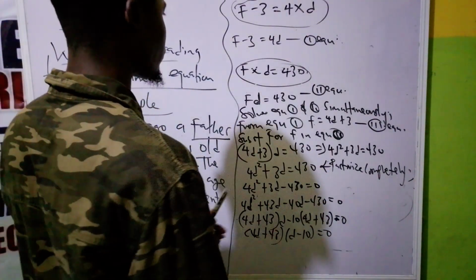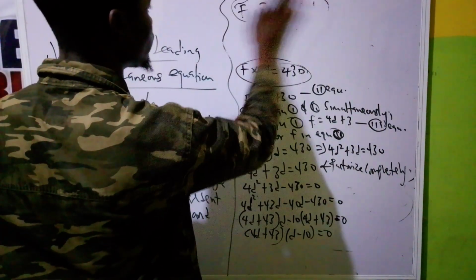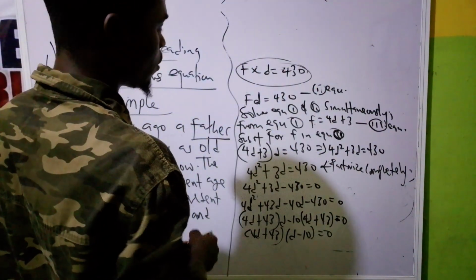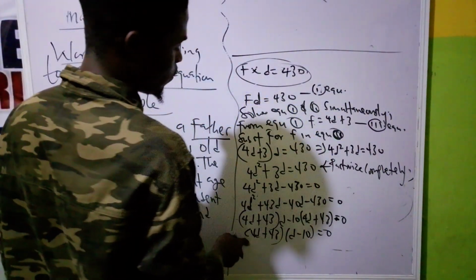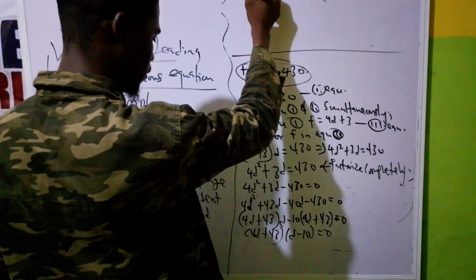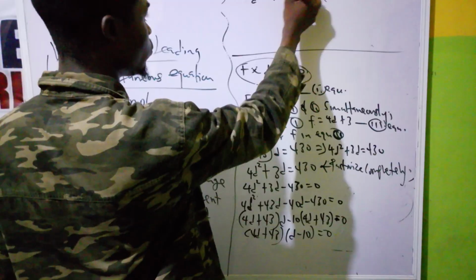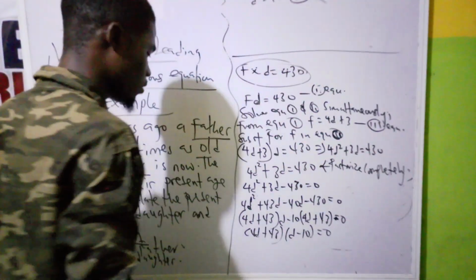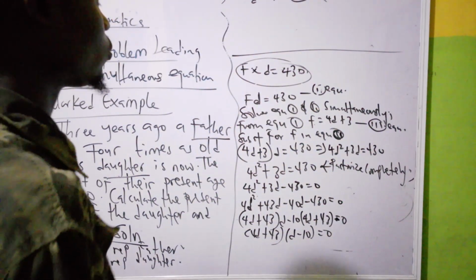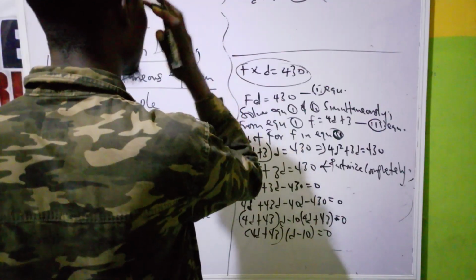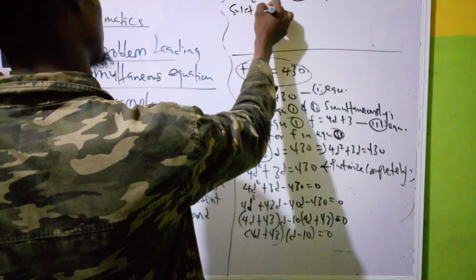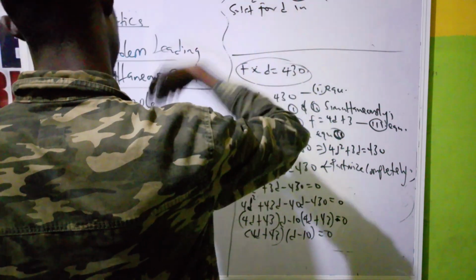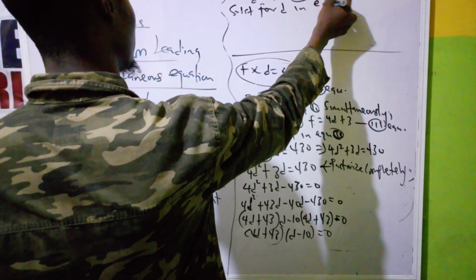At this junction, our D equals 10. We'll go for the positive because there's no negative for age, so we are concerned about the positive. So the daughter's age is 10. Now to obtain the father's age, substitute for D in equation 1.